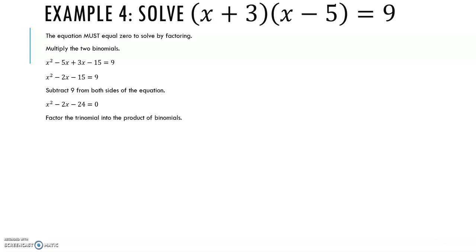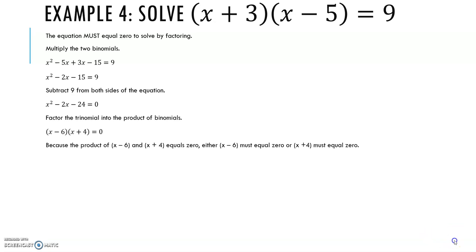Now factor the trinomial into the product of binomials. What multiplies to negative 24 and adds to negative 2? X minus 6 times x plus 4 equals 0. Because the product of x minus 6 and x plus 4 equals 0, either x minus 6 must equal 0 or x plus 4 must equal 0.